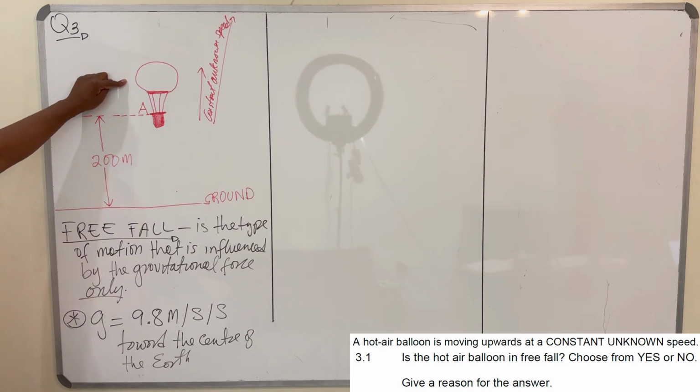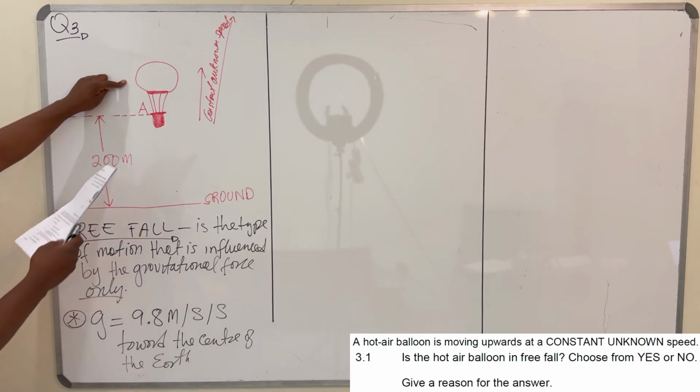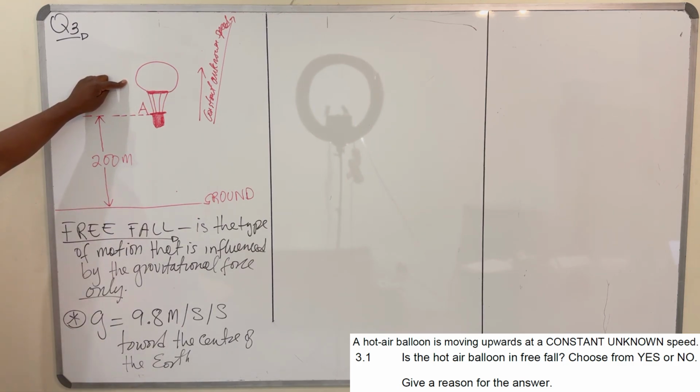But this object is moving upward. Is that the influence of gravity? Is gravity the one causing this thing to move upwards? If yes, if gravity is pushing that thing upwards, then yes, it is free fall.